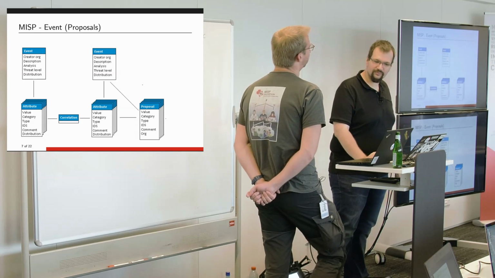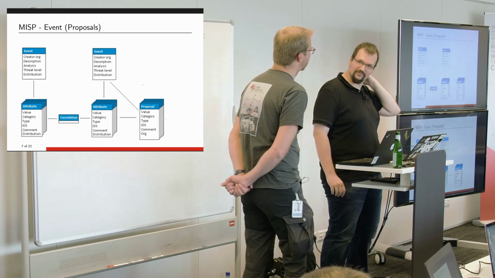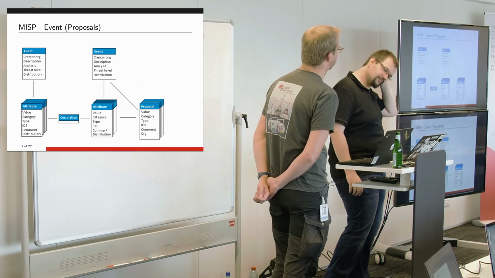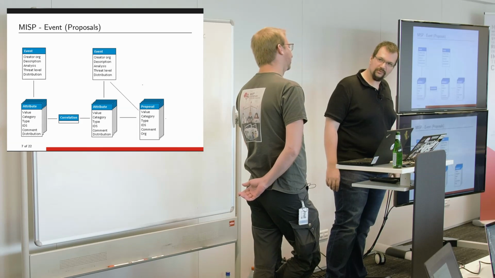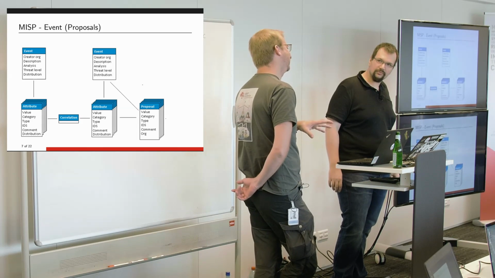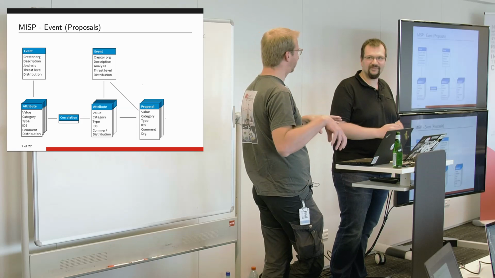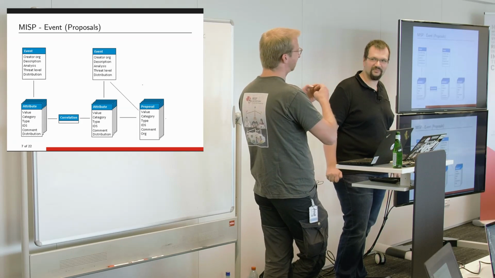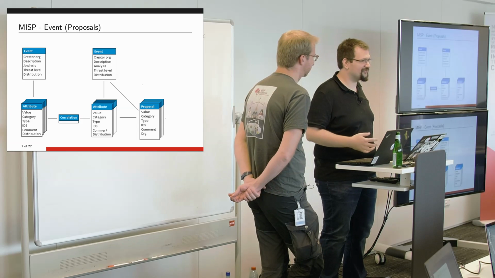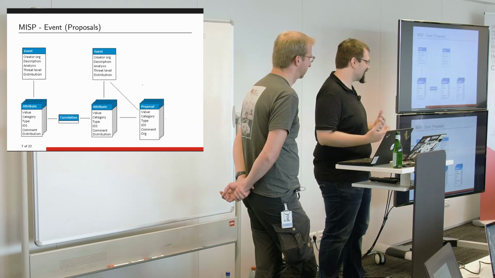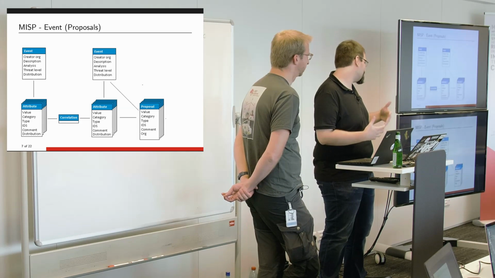Another way to convey information to other parties without having the approval of the vendors or the creators is to create an extension. If you have an extended event, you have your own event that gets carried over the different MISPs, and it will be linked to that event. One of the things that we've seen very often is you get a report in and you do your own analysis in addition, but you cannot modify the existing report.